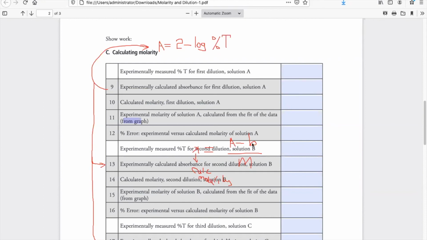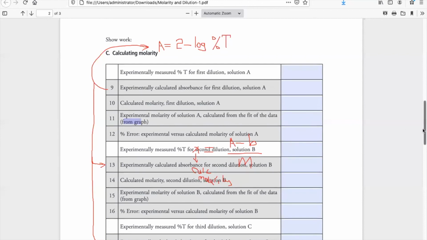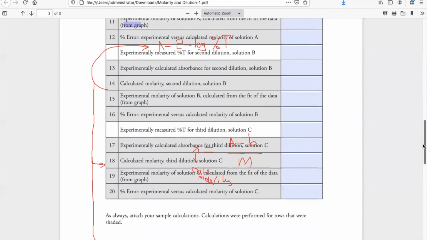I know the y-intercept and the slope of the graph. The slope is constant, this is constant. This will vary from solution to solution. That will give you experimental molarity from the experimental absorbance. So if I know absorbance for solution A, solution B, solution C, this will change from A, B, C. This is constant, and then I get what? You get the molarity of all of them.